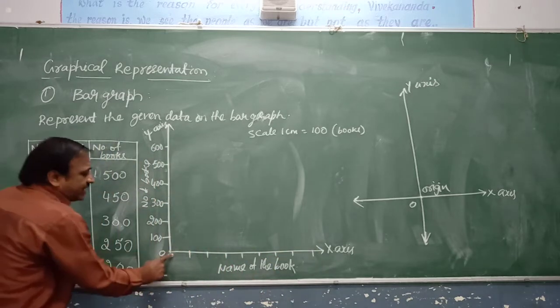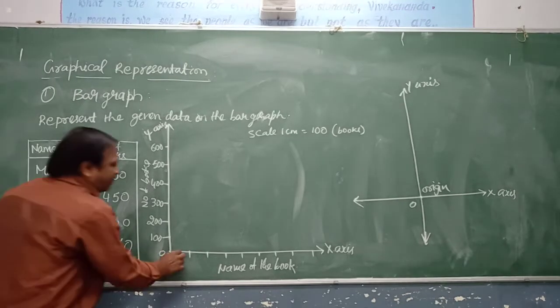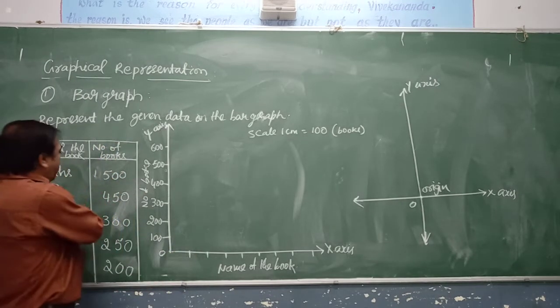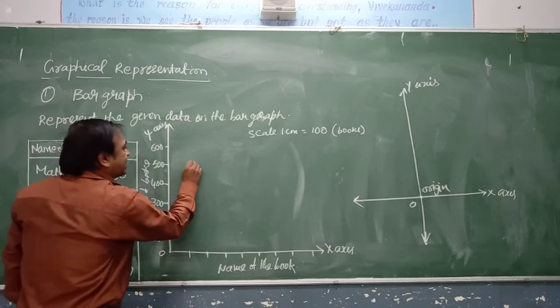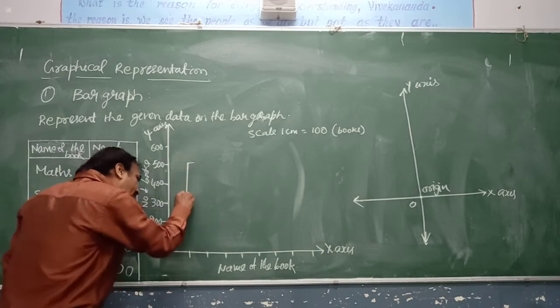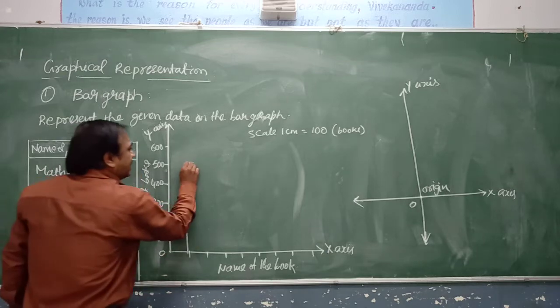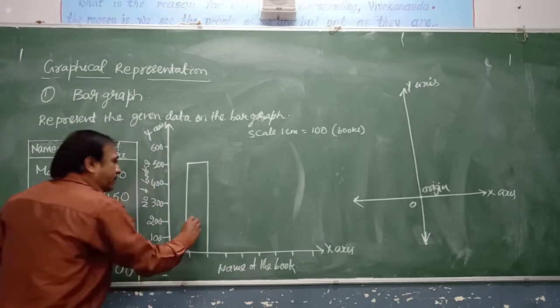So I am leaving the first 1 centimeter because the gap must be there between the bars. Now max books 500. So where do you get 500? This is 500. So max books. Observe it. You use a scale and pencil to represent these rectangular bars. This is max.